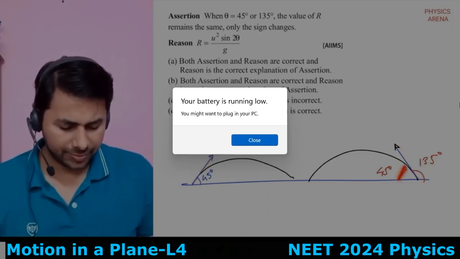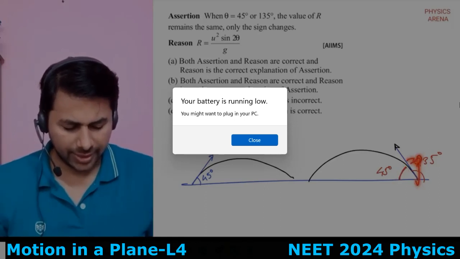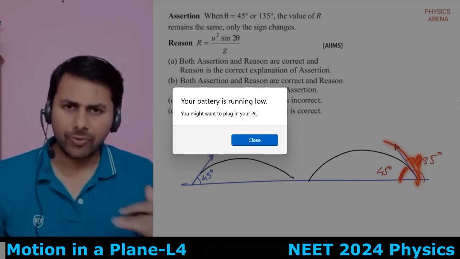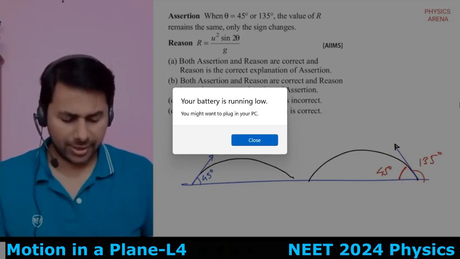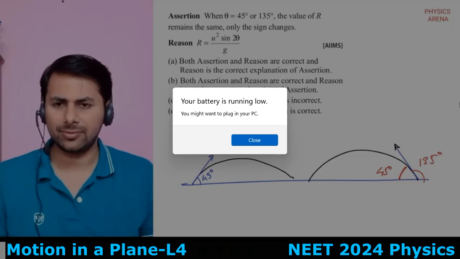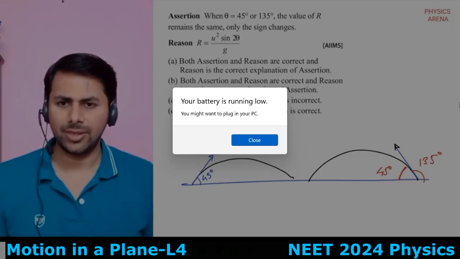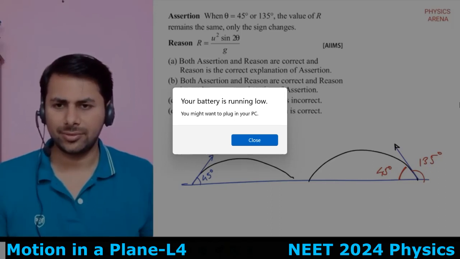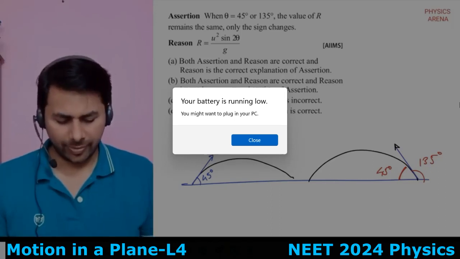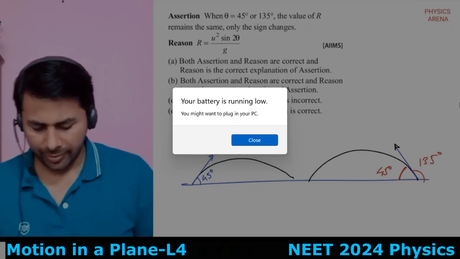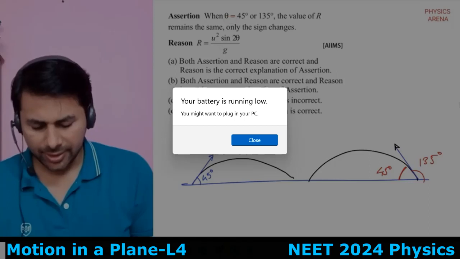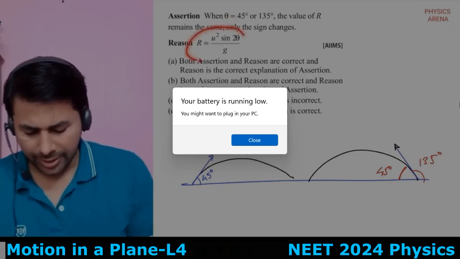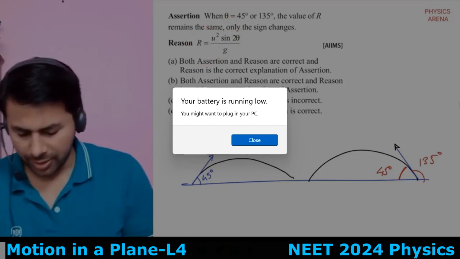But actually, if you look at this side and throw it, with what inclination are you throwing it? It is just 45 degrees. Yes, no. Okay. So both will be equal. And this is assertion, this is reason. So both will be equal, and the range you will get from this formula only.